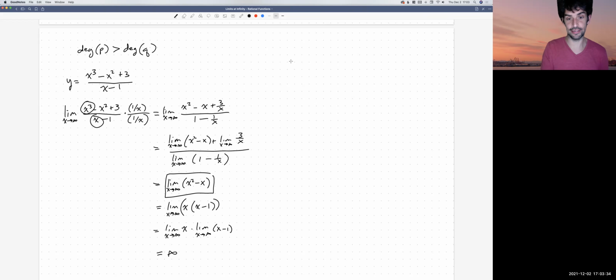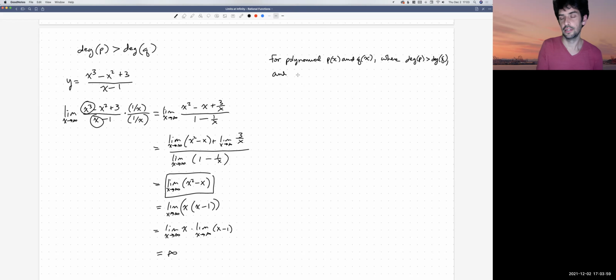So what I can say as a rule is that for polynomials p of x and q of x, where the degree of p is greater than the degree of q, and let's see, p of x is going to be equal to a sub n, x to the n, plus a sub n minus 1, x to the n minus 1, on down to a sub 1, x plus a naught.